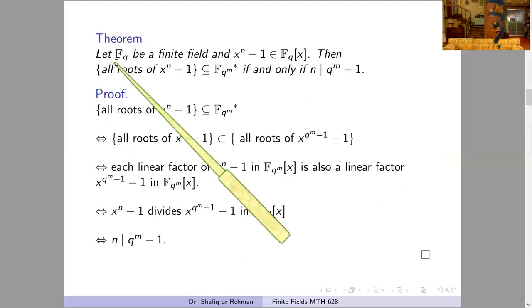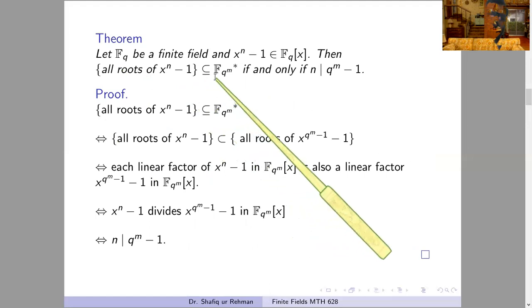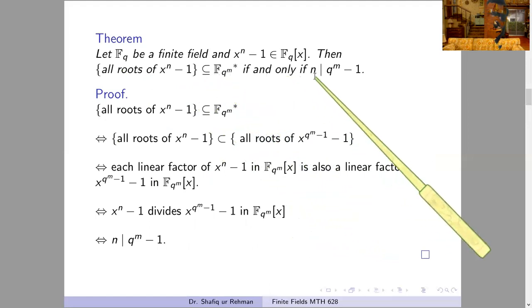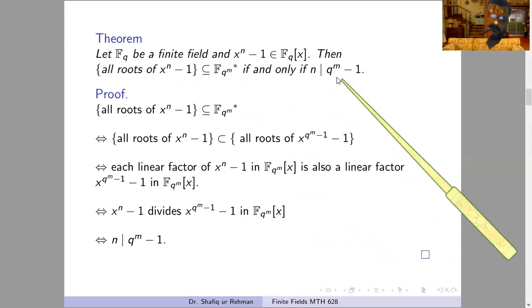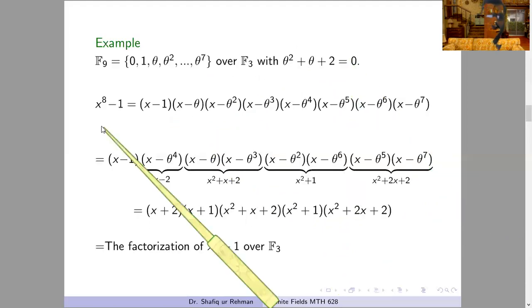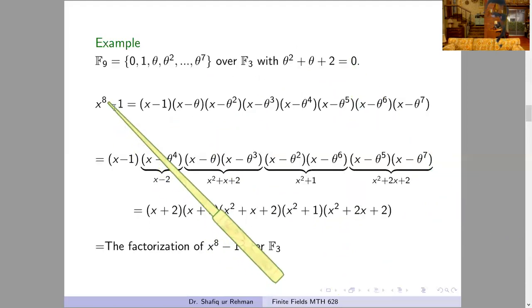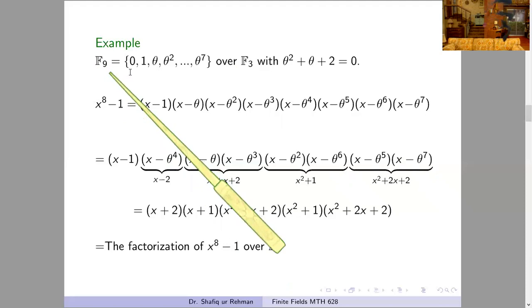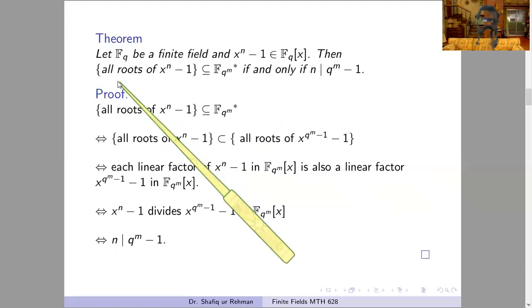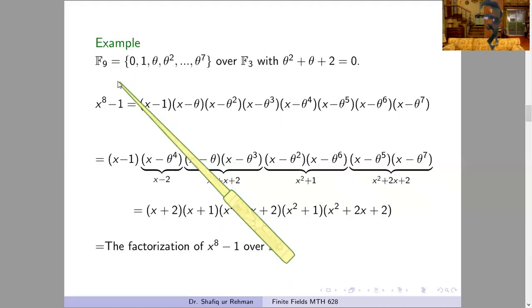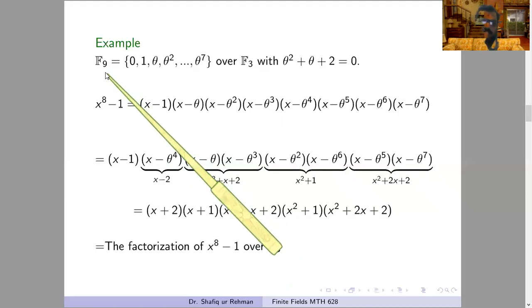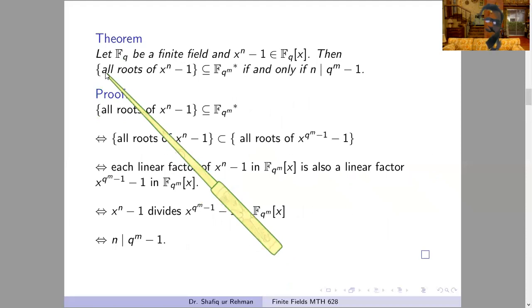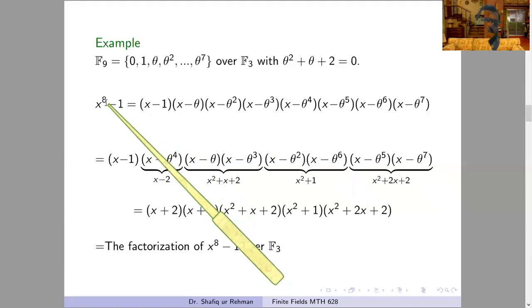The previous theorem says that all the roots of this polynomial belong to F_q power m if and only if n divides q power m minus 1. Here n equals 8, and all the roots will belong to F3 power 2, because 8 divides 3 power 2 minus 1.